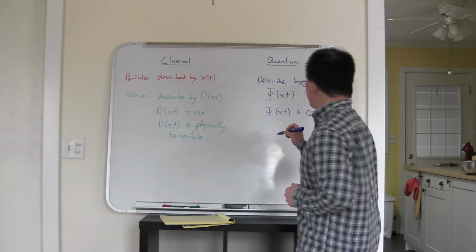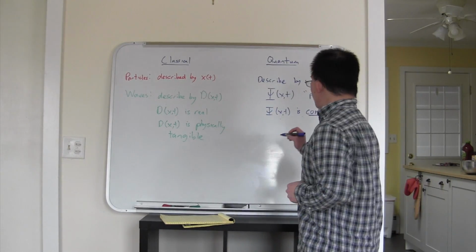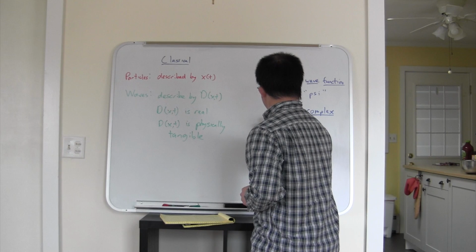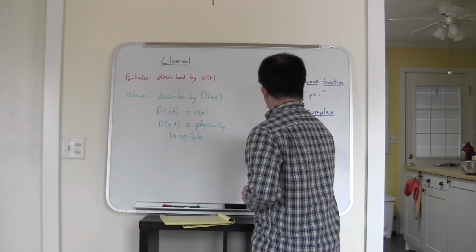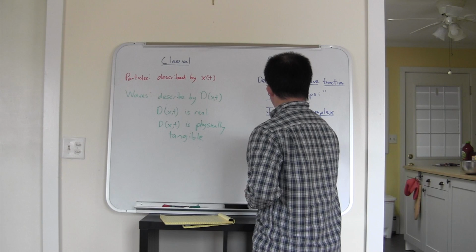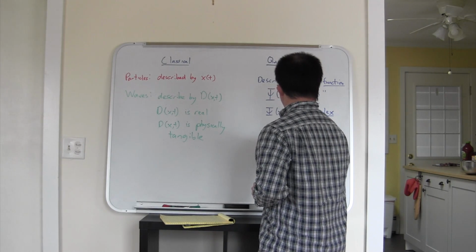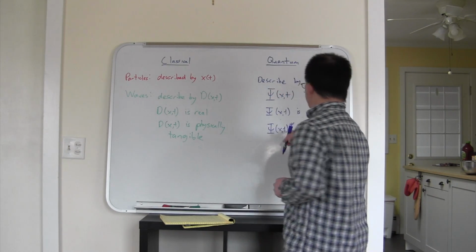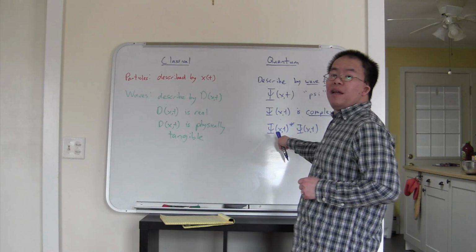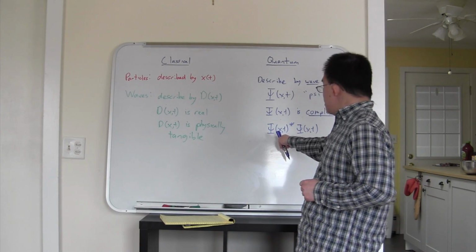What's meaningful is the following. So psi star psi. As usual, the star here means complex conjugate, right?